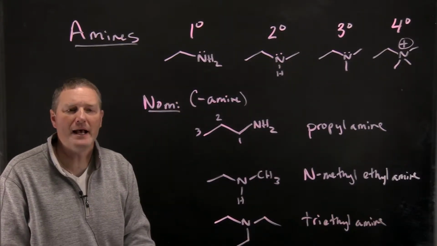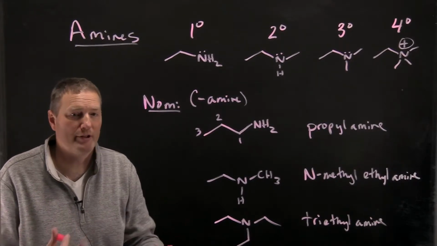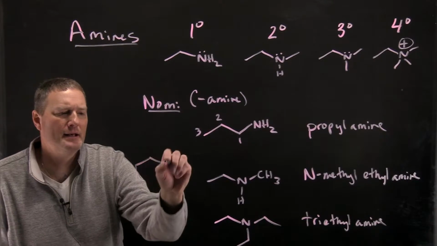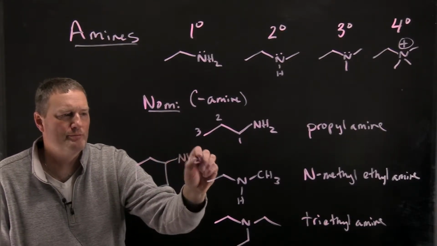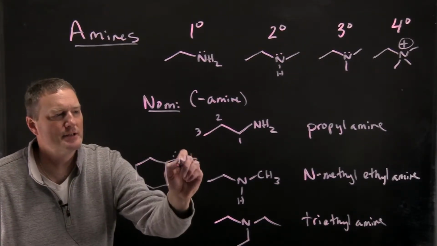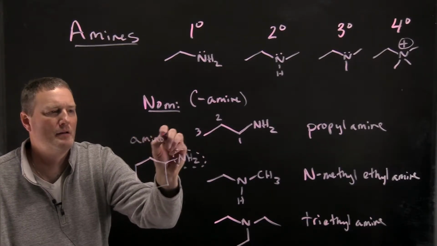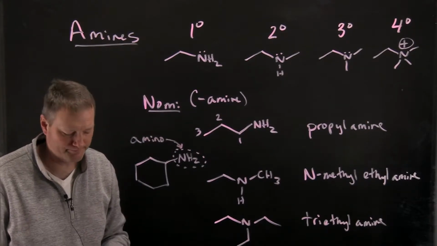Lastly, what I'll say is that amines can sometimes be a substituent off of a larger group. So let's say we had a cyclohexane ring with an NH2 group as a substituent. So this substituent is called an amino substituent. So that would be listed as an amino substituent.